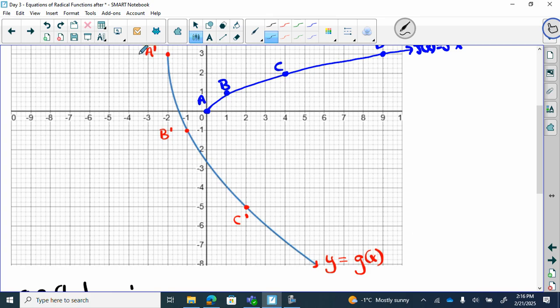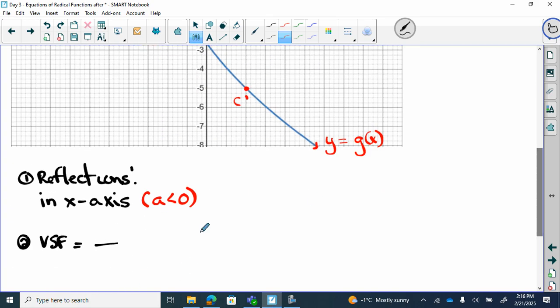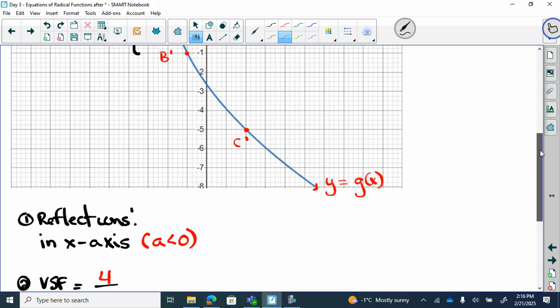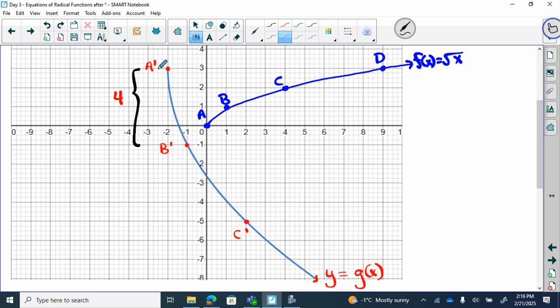Okay, how many units is it from A prime to B prime? What's the y value right there? And what's the y value down here? -1. It's 4 units. That's right, Buck. 1, 2, 3, 4 blocks. That is the new. Now, if I looked from A prime to B prime, I'd have to compare it to what?